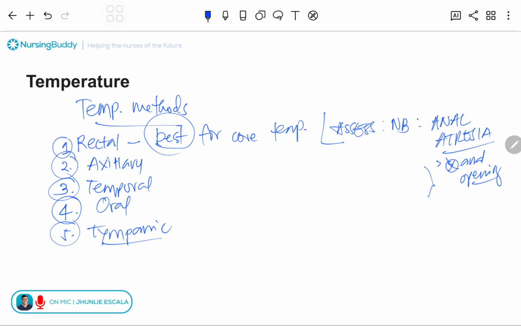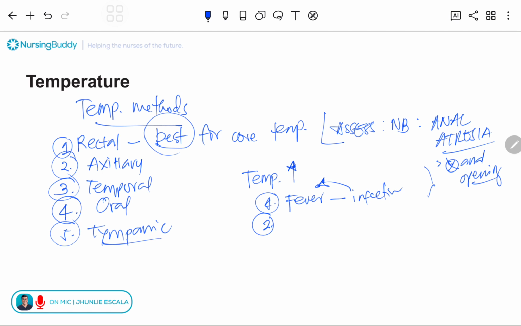And also, kapatid, what is our condition when our temperature is too high? We suspect something big here. We generally call that fever, which is an indication of infection. Hyperthermia is different from fever in the sense that fever is caused by infection.